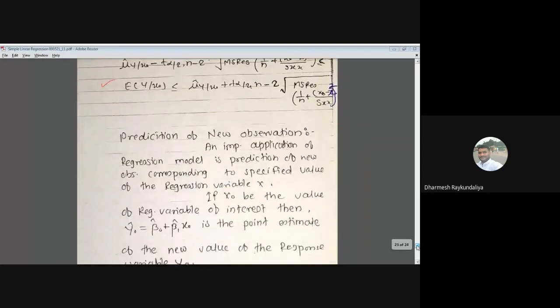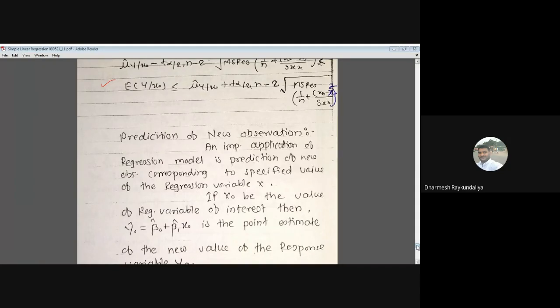Now there are sometimes what happen here, what we have obtained, given a value of x0, we try to predict the value of y. Now we wish to predict the new observation. वहां पे हमने क्या predict किया था?